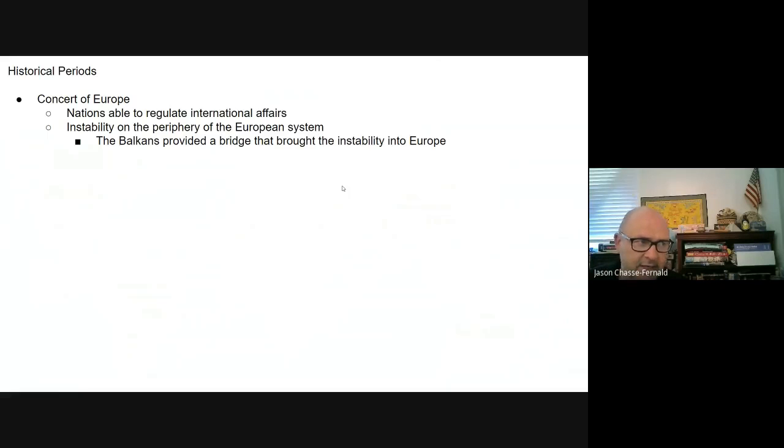By this, we're talking about the decolonization process that starts in the 1880s in the Balkans. The Ottoman Empire begins to decolonize in the 1880s and 90s.